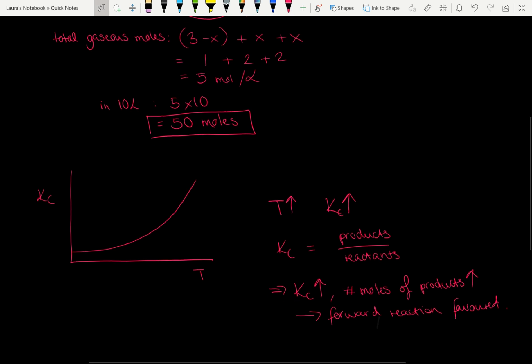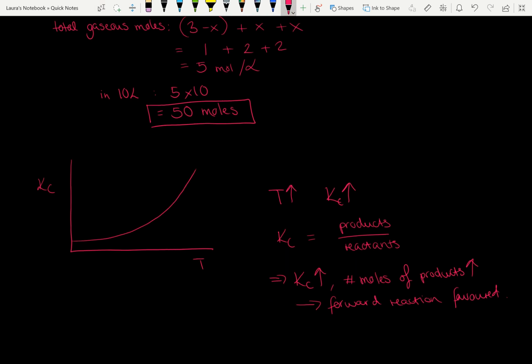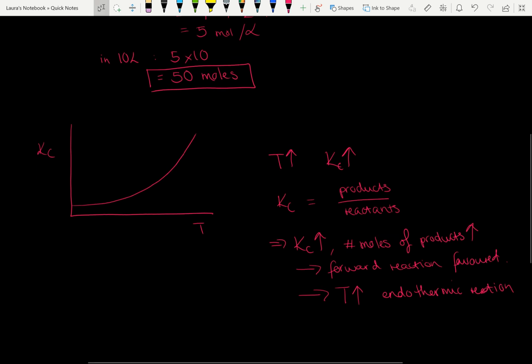If the forward reaction is being favored as the temperature increases, we know that according to Le Chatelier, if we increase the temperature, the endothermic reaction is favored. So if we've got an increase in Kc as the temperature increases, that means that the forward reaction is endothermic.